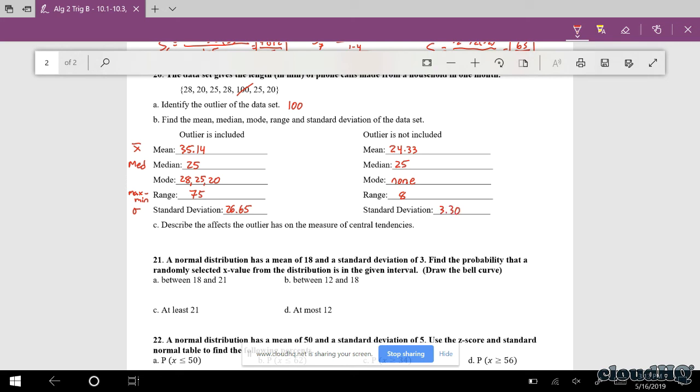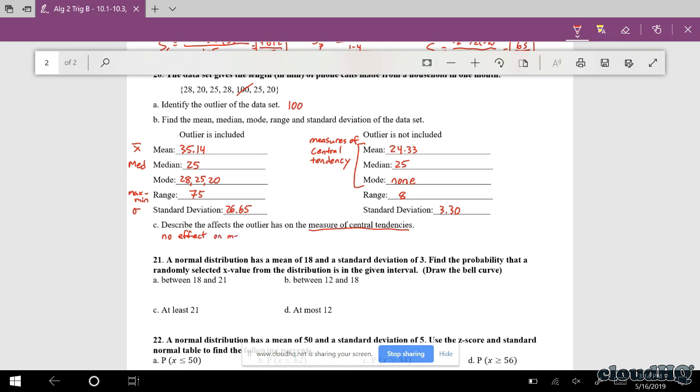So describe the effects the outlier has on measures of central tendencies. Central tendencies are the mean, median, and mode. So what does it have for a difference? It has no effect on the median.